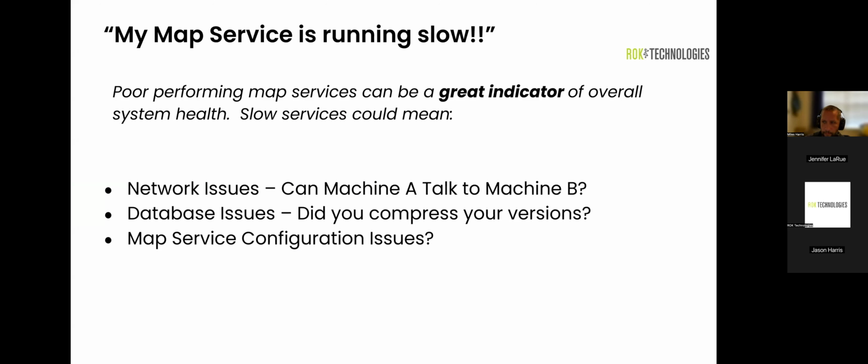It could be on the database side. Perhaps you haven't compressed your versions, or maybe you just have some bad data. That slow map service can mean that the map service itself is not configured right. It could be drawing slow because that map service has not been tweaked for performance, right? All of these different things can manifest themselves in the form of a very slow map service. So whenever I see a slow map service, I think something could be wrong here, right?